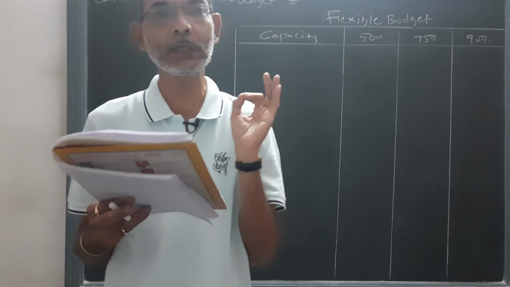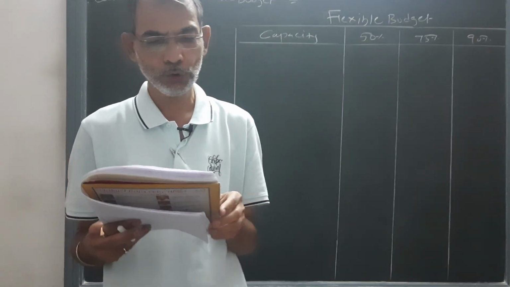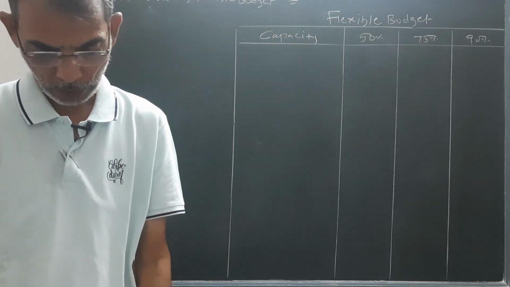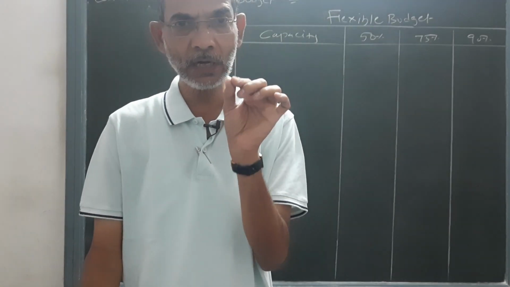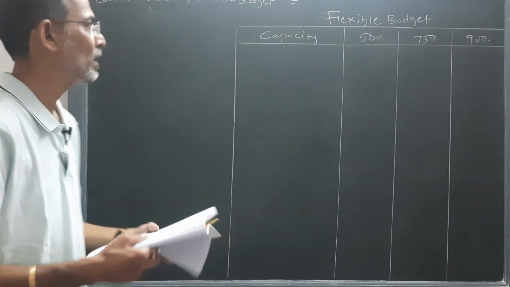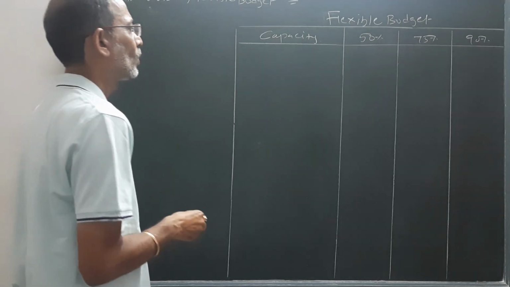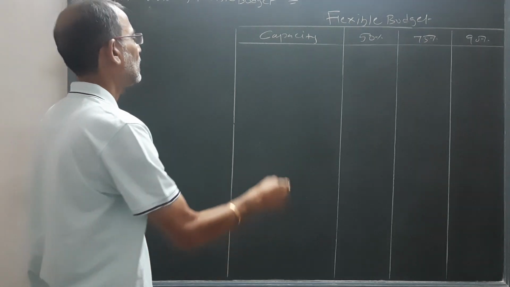That is the suspense. And how that is to be found out, I will show you. Now at 60%, 80% and 100% capacity, everything is given. We have to prepare for 50, 75 and 90% capacity.